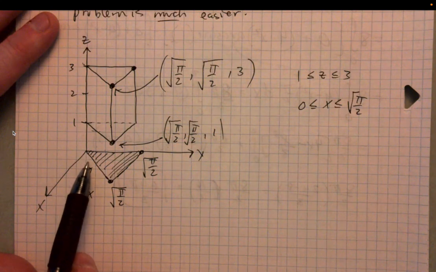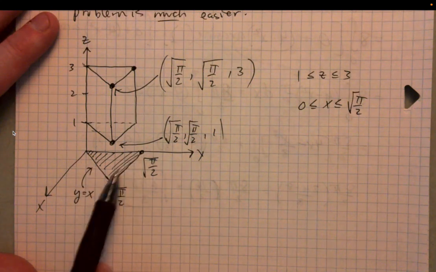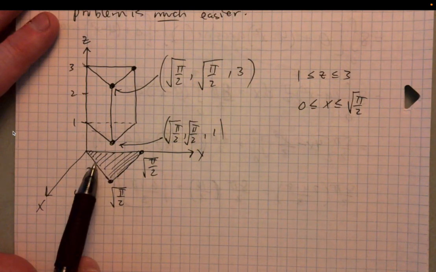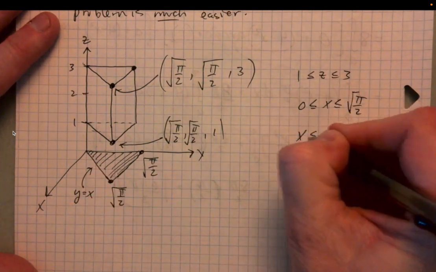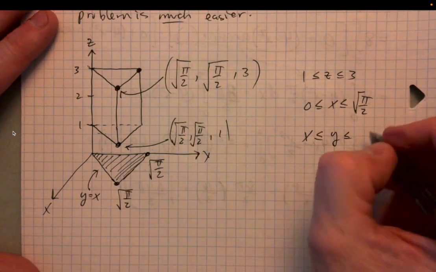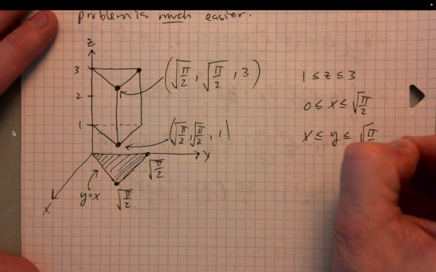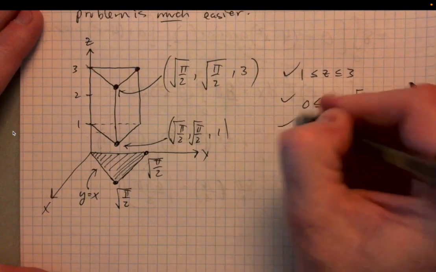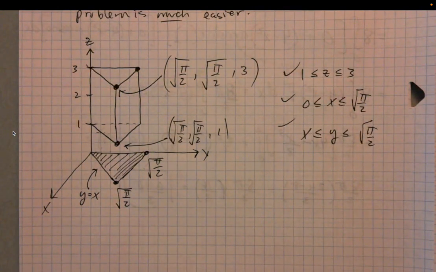Remember, these are both at the same height on the y-axis. So it's going to go from this function here, x, up to square root of pi over 2. Okay, so using these three, we can set up the integral.